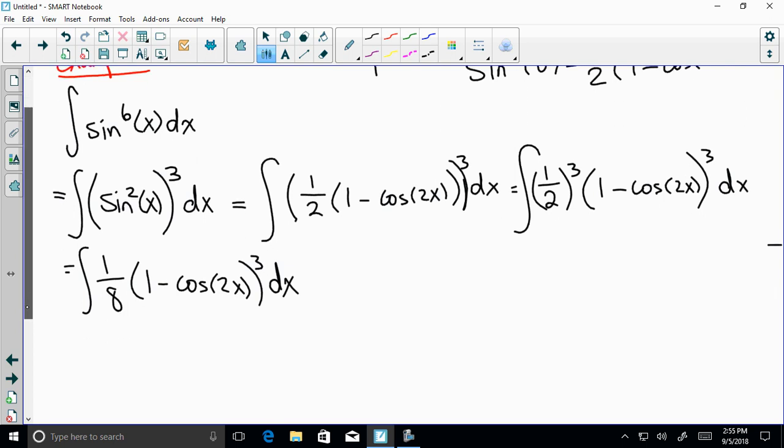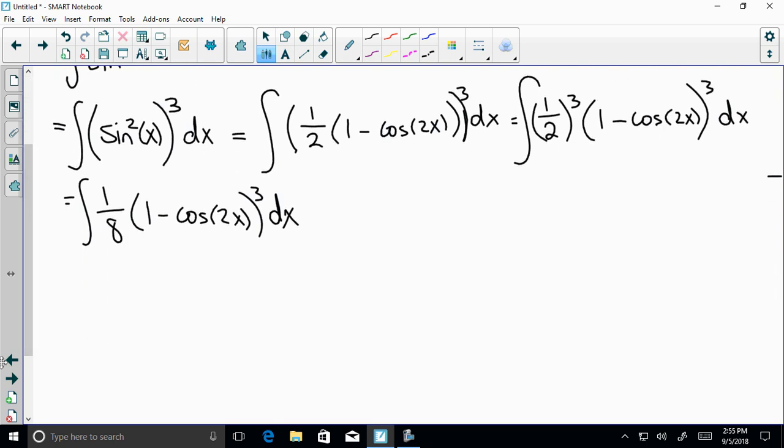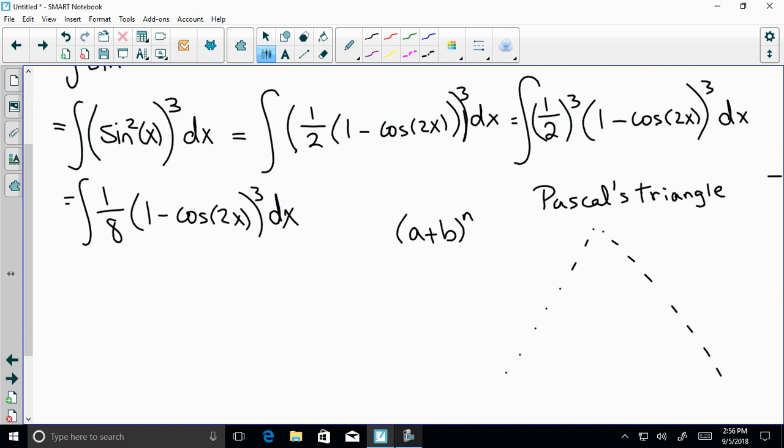All right, so let's do this one. 1 minus cosine of... I'm going to do the Pascal's triangle on the corner here. So this triangle just gives us the coefficients when we're taking a plus b to the power n. Okay, so you've got 2 things being added raised to the power n.